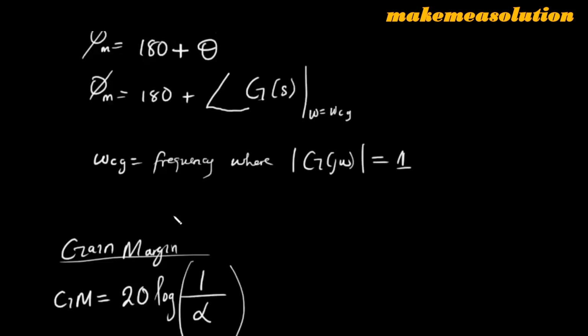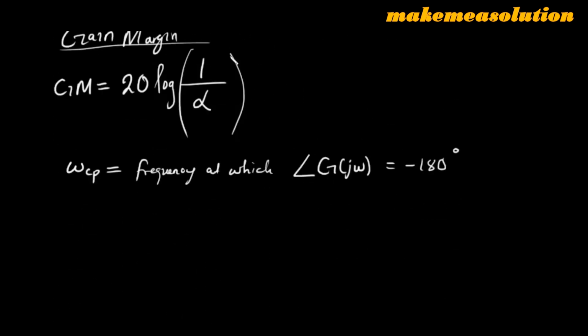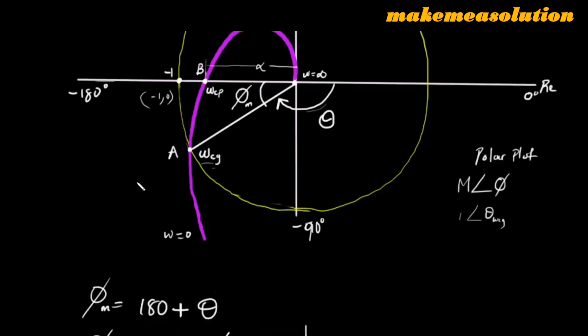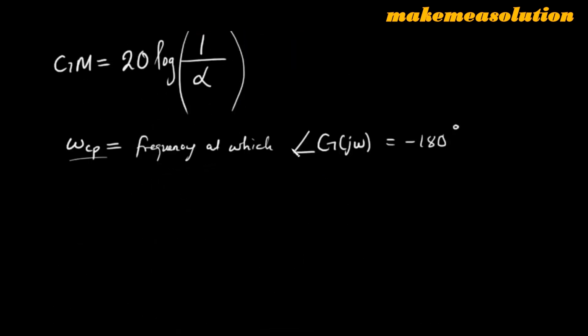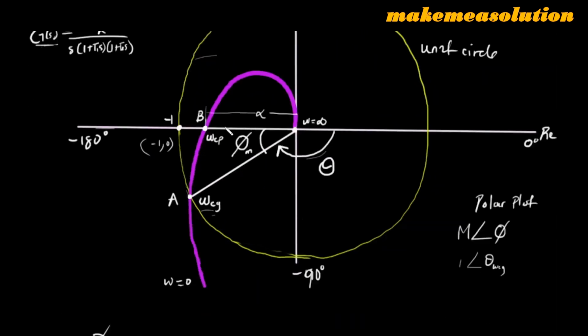So an important point to note: if we want to calculate the gain margin, first of all we need to calculate the phase crossover frequency, because the phase crossover frequency is not just the frequency at which this particular phase is minus 180 degrees. It's the frequency where the magnitude of this particular polar plot measures alpha.